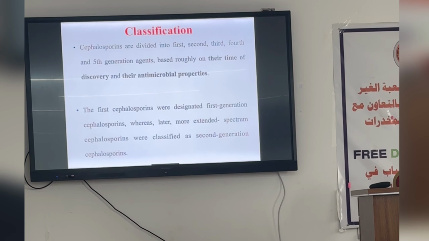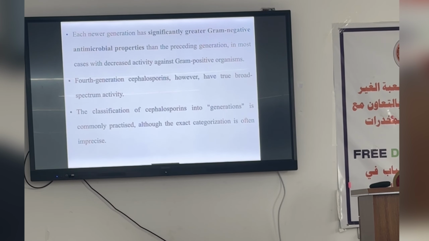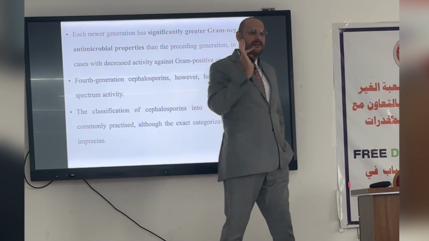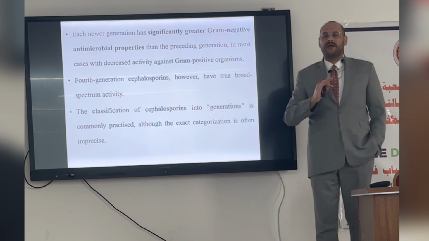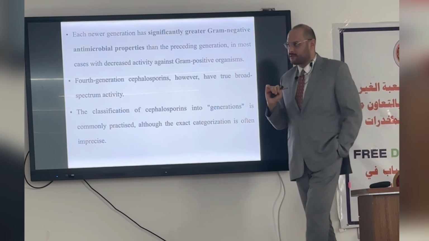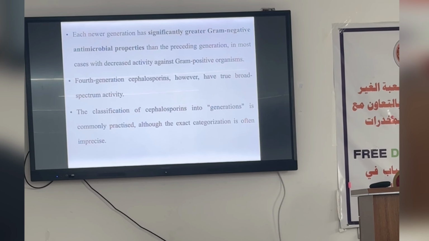Based roughly on the time of discovery and their antimicrobial property, the first cephalosporins were designated as first generation cephalosporins, whereas later more extended spectrum cephalosporins were classified as second, third and fourth. If you go from generation 1 to 2 and then 3, 4 and 5, as we say, the cost goes up. هذا نقطة الcost, which is very important in clinical daily practice. But right now we have another point.